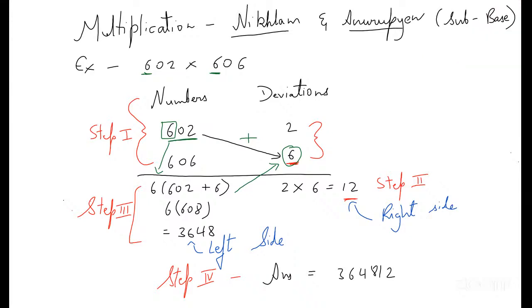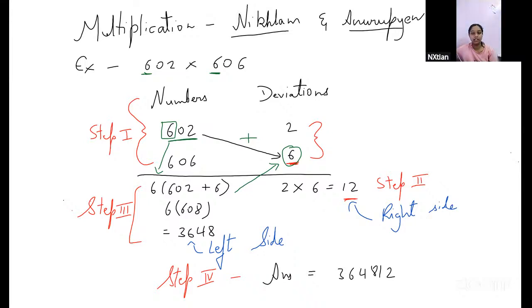For this, it's easier to use normal mental maths instead of this sutra: 602 into 606 mentally, and then you get the answer. Yes, that's right, it is easier to do it the normal way. But since it's there, we have to learn some sutras, so just go through it.